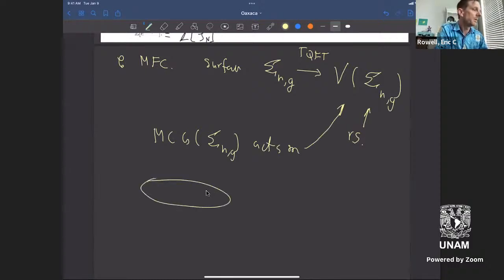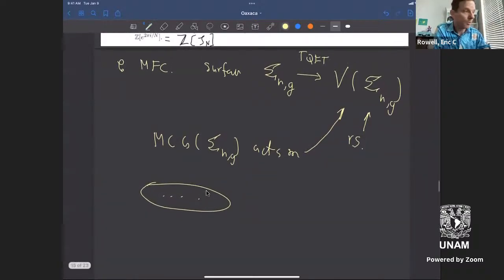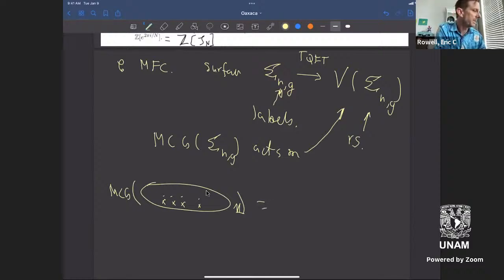So for example, here's a surface, just a disk with punctures. I should be a bit careful, I'm leaving off some information. Of course, there are labels here of simple objects, but maybe we use the same object for all of these things. And then maybe the outer one, we just label by the trivial. So it's really, if you like, a punctured sphere. And so the mapping class group of this sort of picture is, in this case, something like the braid group on 4 strands.